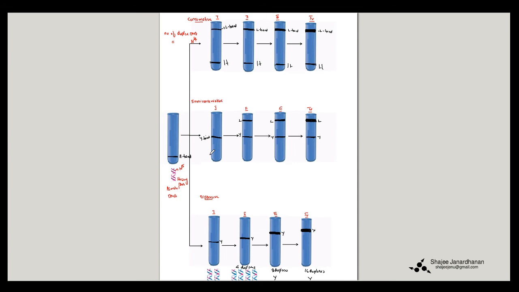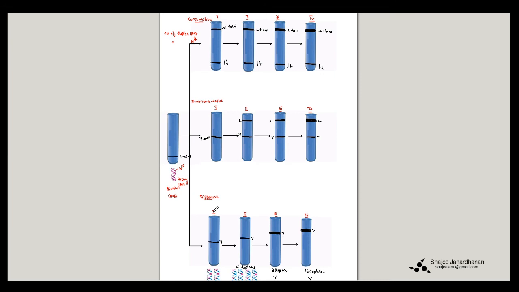Why? But you cannot distinguish a semi-conservative from dispersive, because in the first round of replication, we already know that the replication is semi-conservative. If the experiment was conducted only for the first generation, definitely you cannot distinguish a semi-conservative from the dispersive, because their banding pattern is the same.